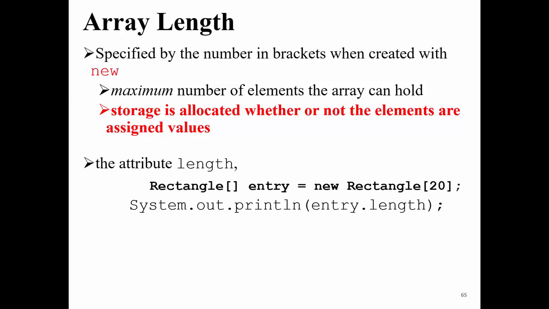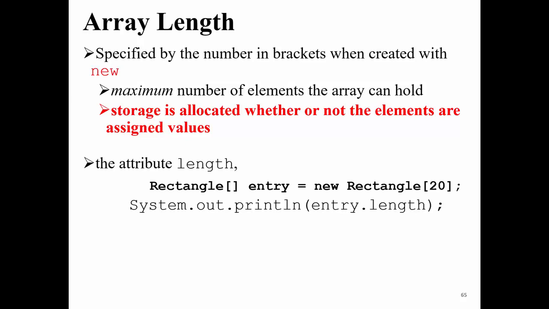So here we create a rectangle array with 20 elements. We have to specify how many elements we need, and this will be the maximum. In case I decide that I need 21, at that time I will create a new array. Now, Java experts allow us to use some methods to copy an array to a new array, which makes life easier.